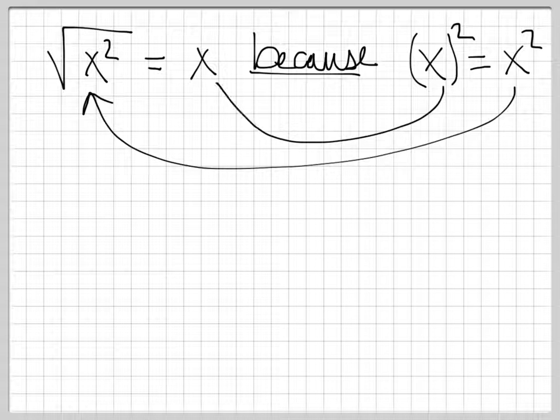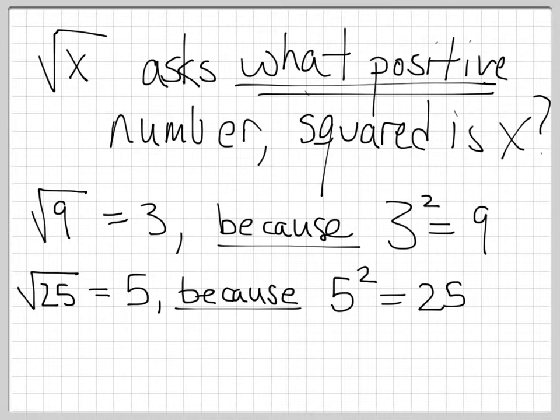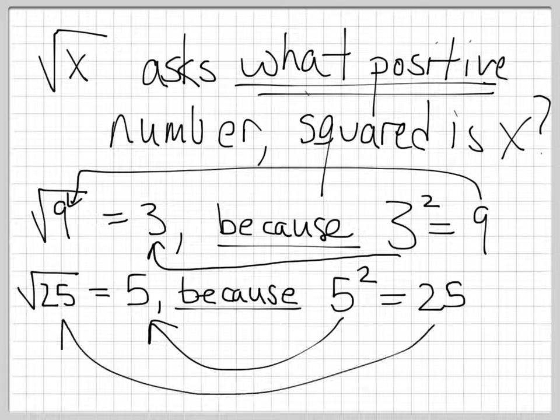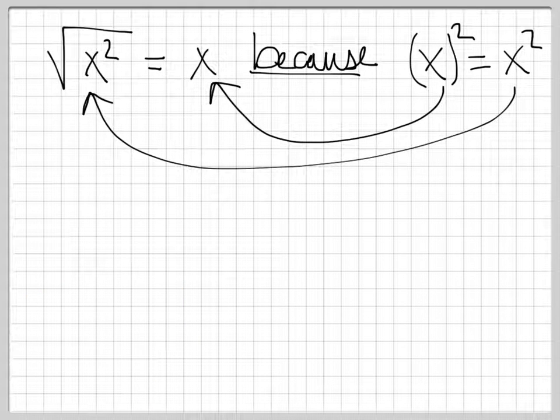This is x squared, which is what we wrote there. See? Because 3 is that, and 9 is what's under there. 5 is that, 25 is what's under there. So the square root of x squared is x because x squared is the same thing as x squared.